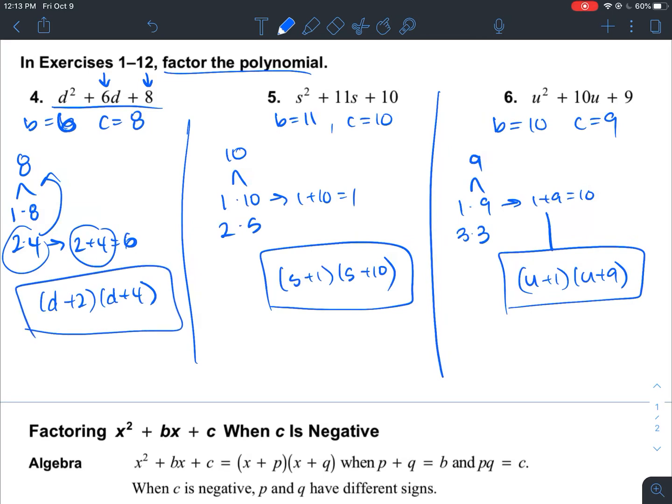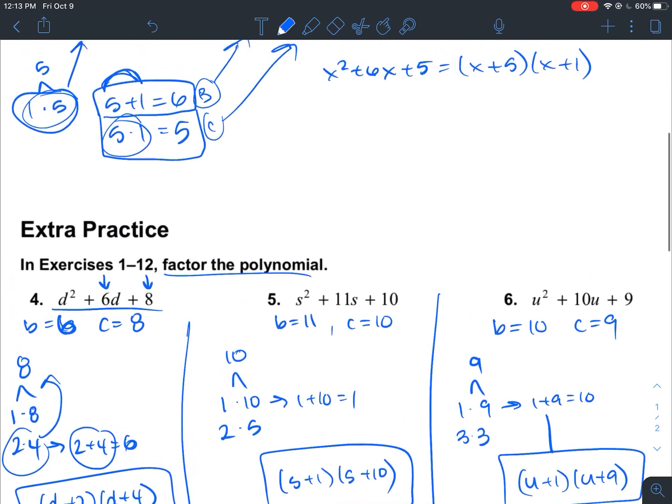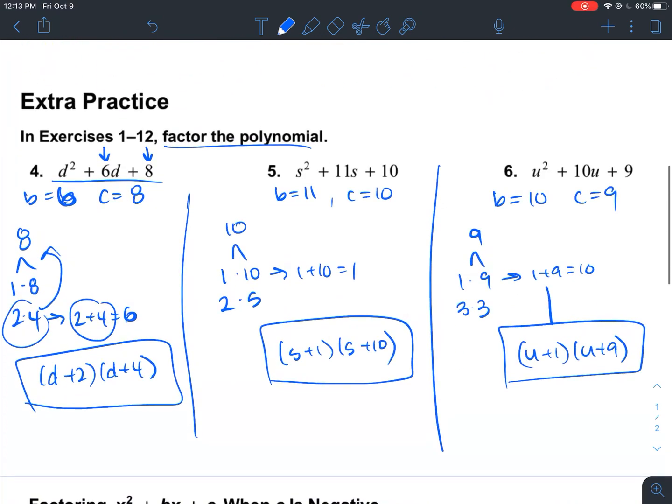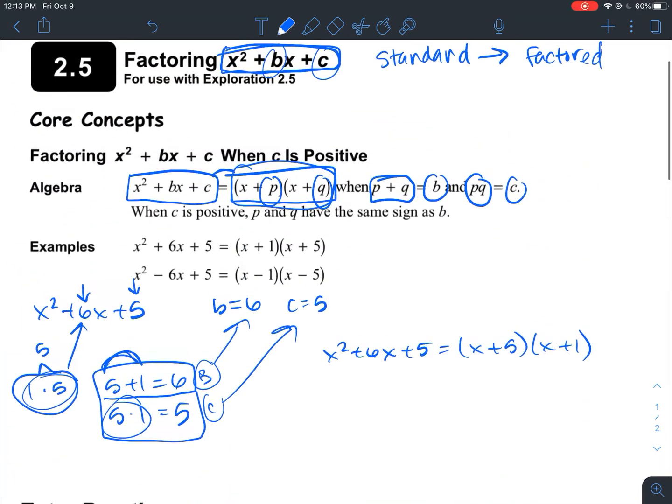Okay? So it's not always going to be the case right here where everything's positive. Okay? Note that here, these numbers right here, this is both being added together. Okay? And that's because our c is positive.